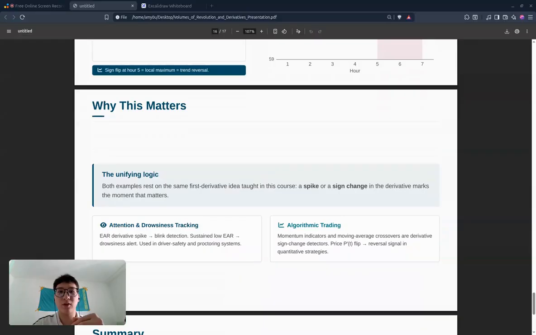A derivative shows a rate of change, and the moments where it spikes or crosses zero are the moments that matter. In blink detection, a spike reveals a blink. In the price data, a sign change reveals a reversal. The same first derivative logic you would use to sketch a graph runs inside vision systems and many algorithms every day.